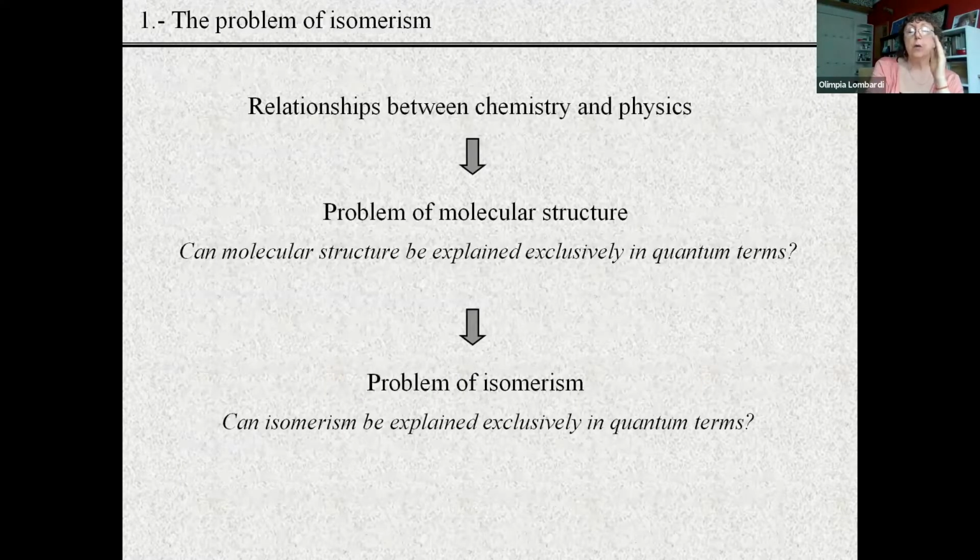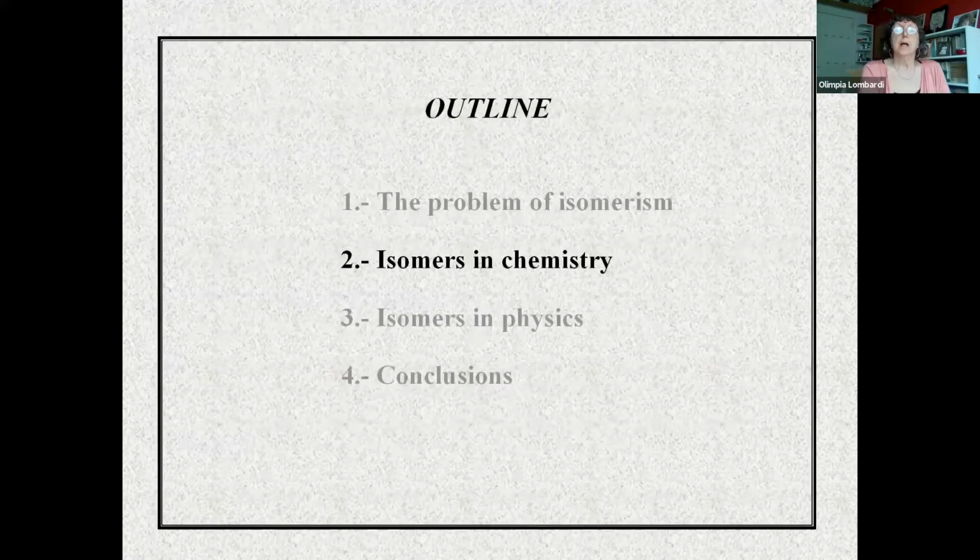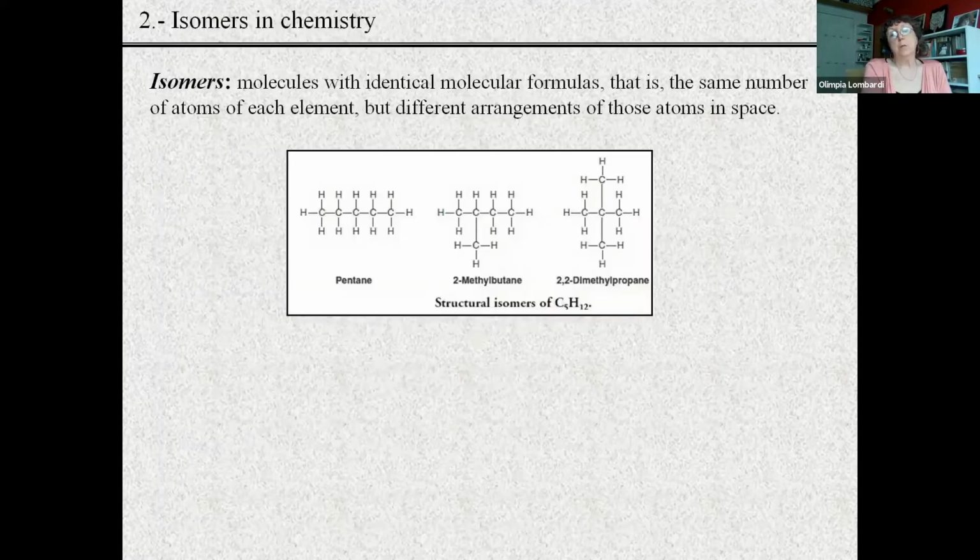In this case, we will focus on the problem of isomerism. So the question is, can isomerism be explained exclusively in quantum terms? This is the precise question. How are isomers conceived in chemistry? Well, we know that isomers are molecules identical in molecular formula, that is the same number of atoms of each element, but with different arrangements of those atoms in space.